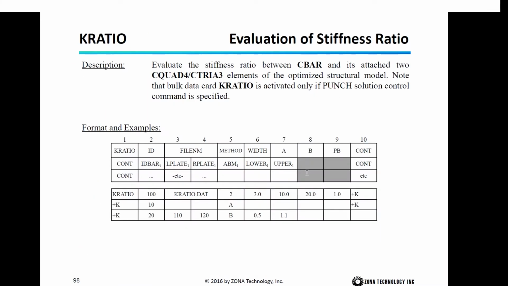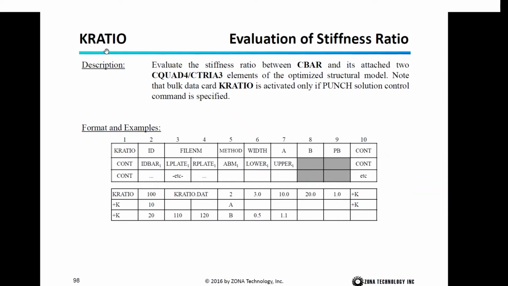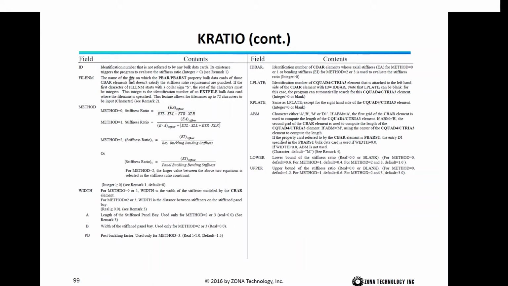Okay, so before we talk about DECOM KR, let's look at this card called KRATIO, evaluation of a stiffness ratio. This is not a constraint. This is just an analysis. Okay, you give an ID, you give a file name on which the PBAR, PBARSC property cards of those CBAR elements that do not satisfy the stiffness ratio requirement are punched.